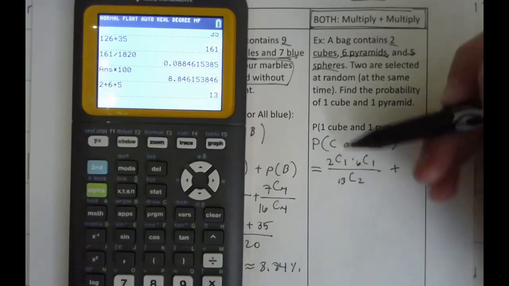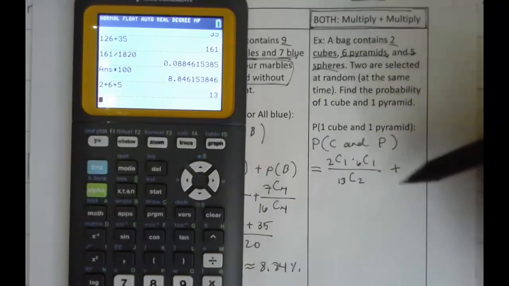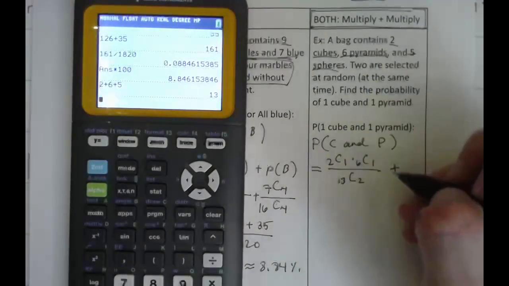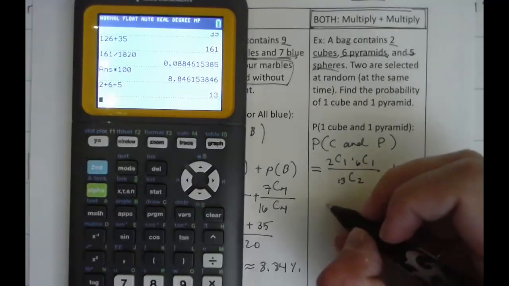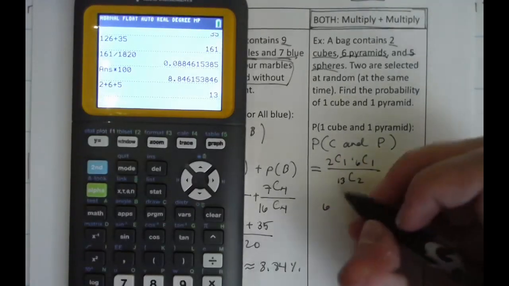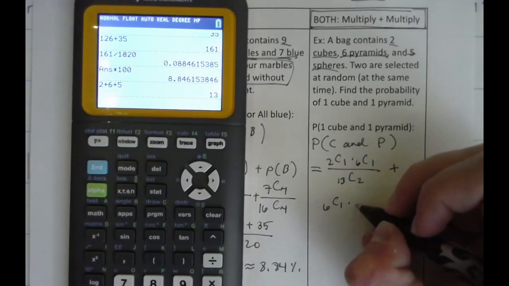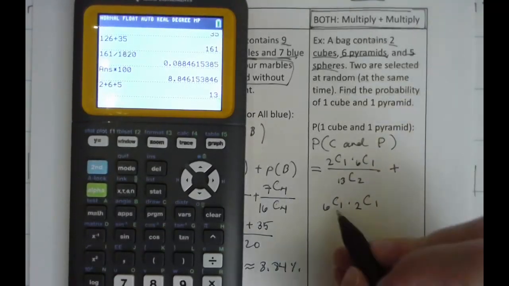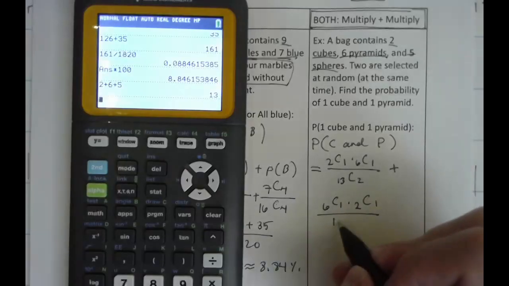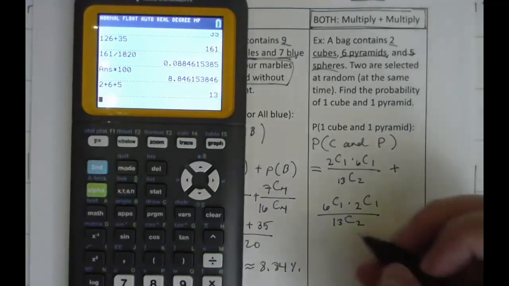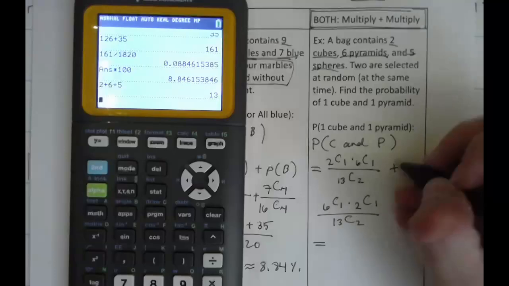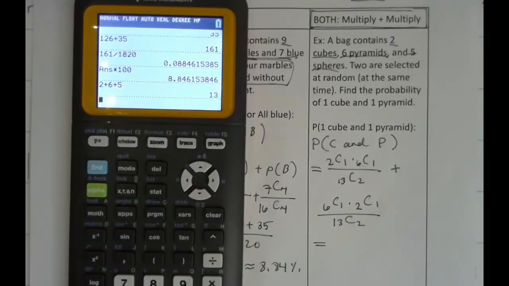Since there's 2 ways to do it, you can get a cube first or a pyramid second. You can also get a pyramid first or a cube second. So getting the pyramid first is like saying 6 choose 1 times 2 choose 1. So getting pyramids then cubes out of the total, which is 13 choose 2. Notice I'm adding this whole second bar here.